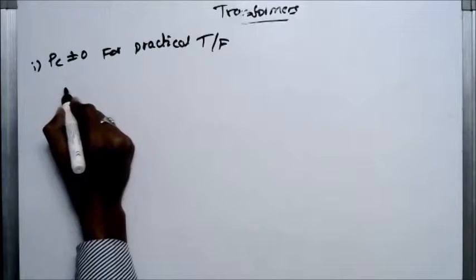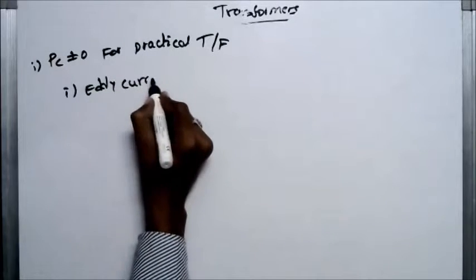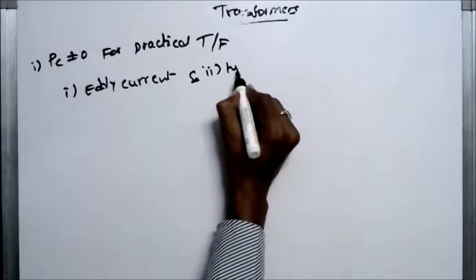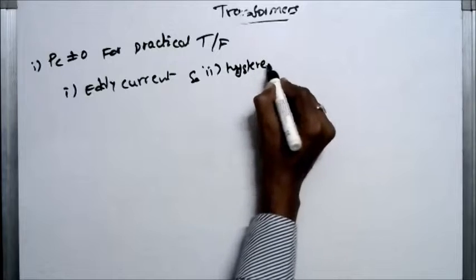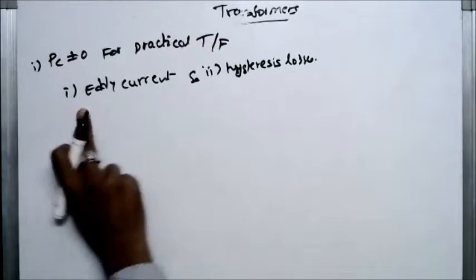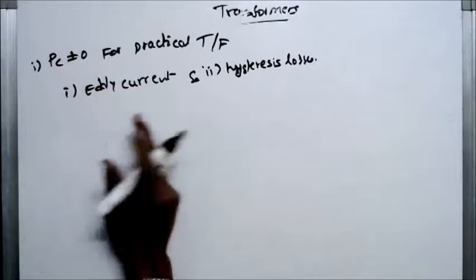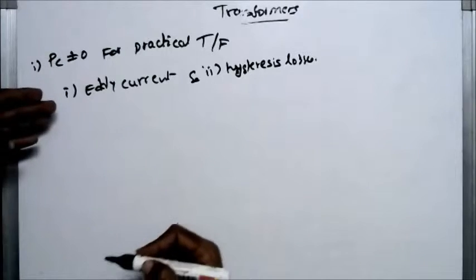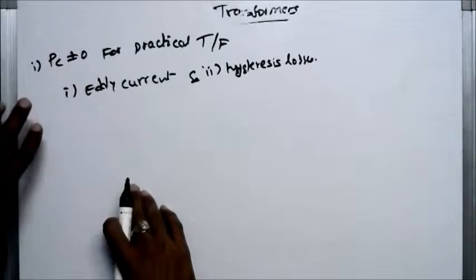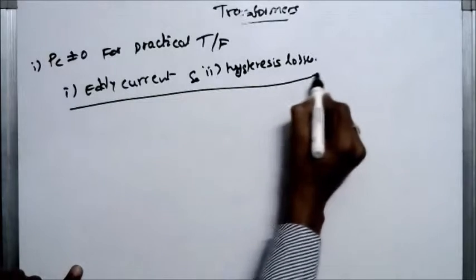One is eddy current loss and the other one is hysteresis loss. These two losses are met by the primary voltage source. So in addition to the magnetizing current, we take power from the primary source.